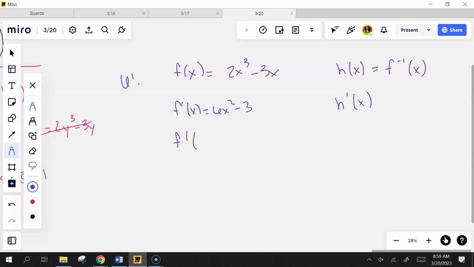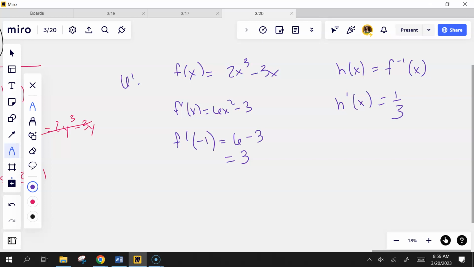So the slope at the point, what was it? -1 would be 6 minus 3, which would be 3. And if I, it'd be, yes, it's just flipping the answer.